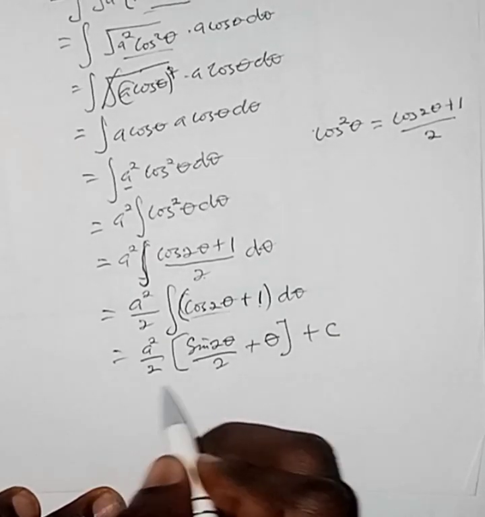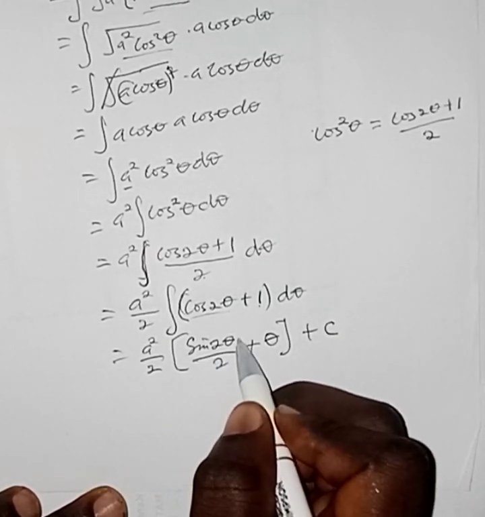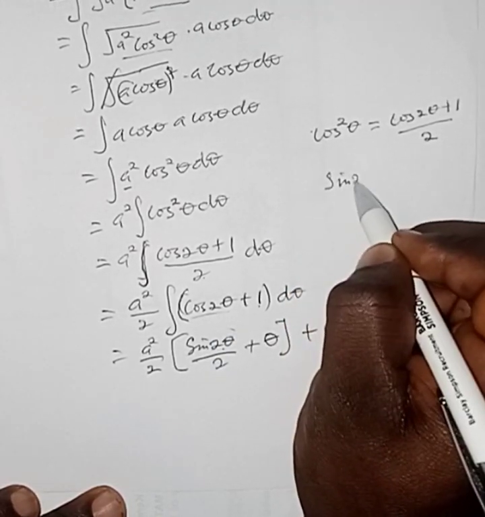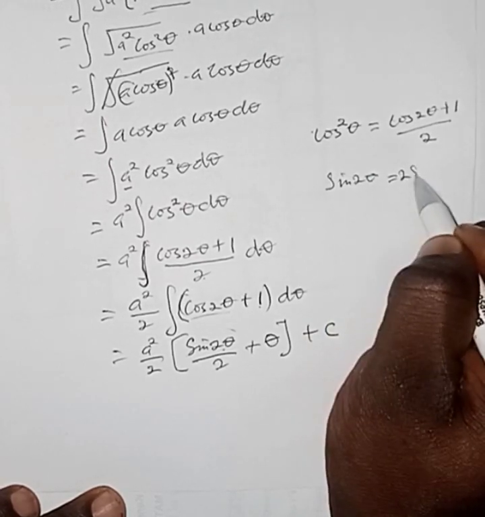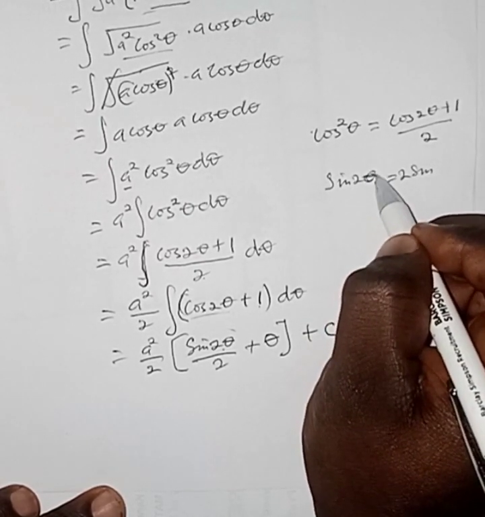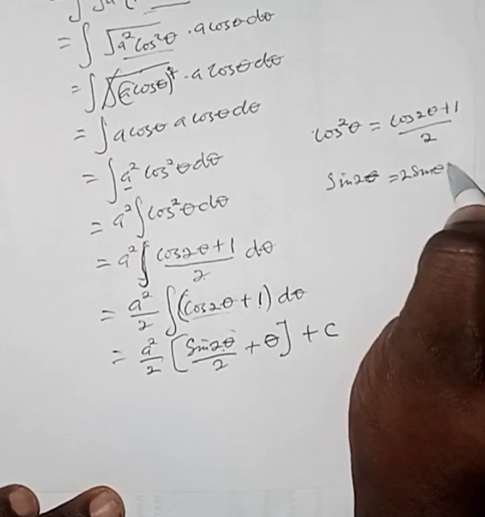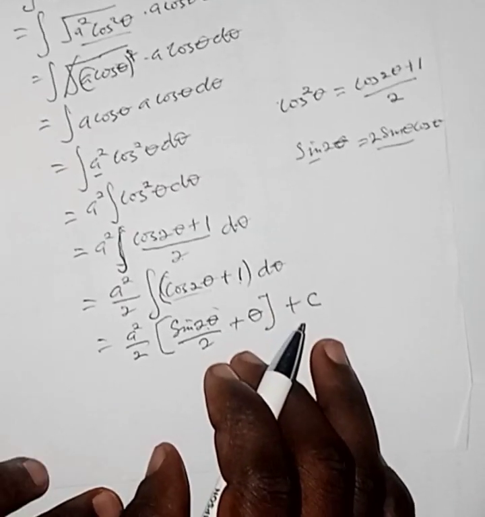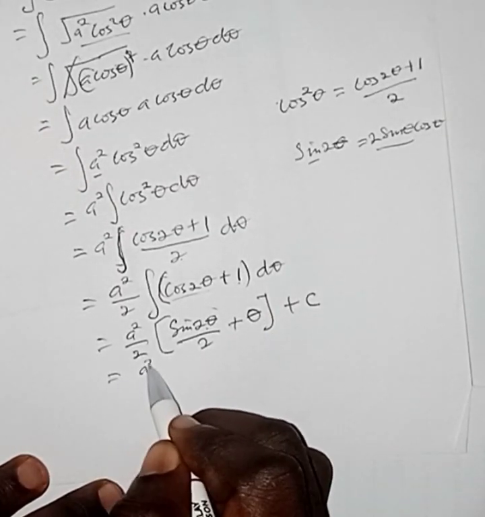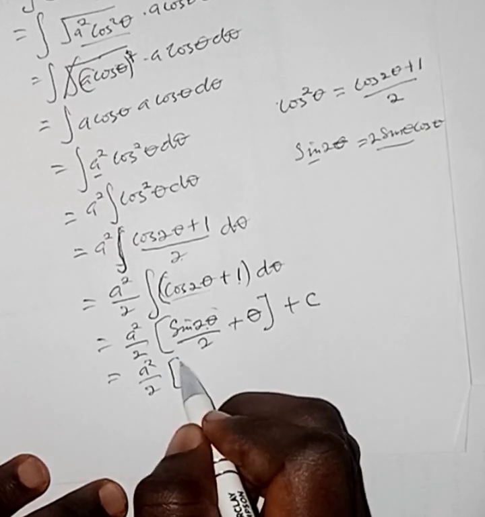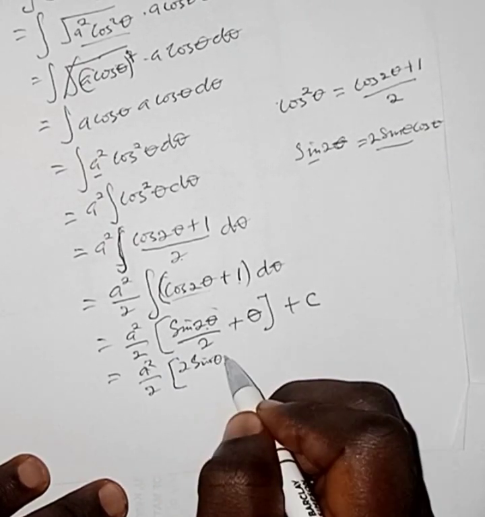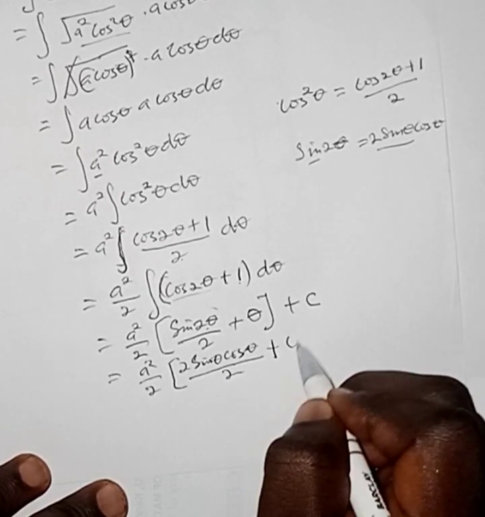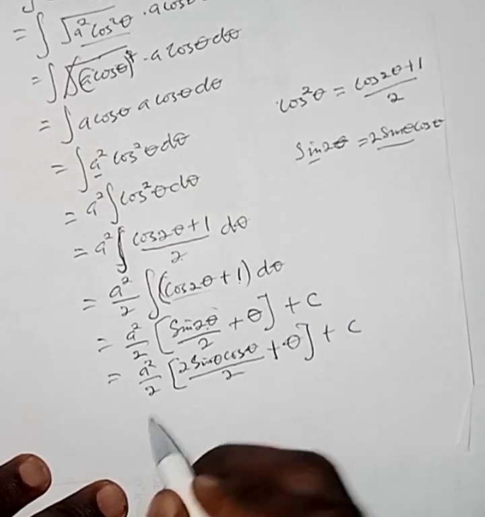Moving further, we can continue to make some substitution. If you remember that sine 2 theta can be written as 2 sine theta cos theta, we are going to replace this, and if we do that, we have a squared divided by 2 times (2 sine theta cos theta divided by 2, plus theta) plus our constant of integration.